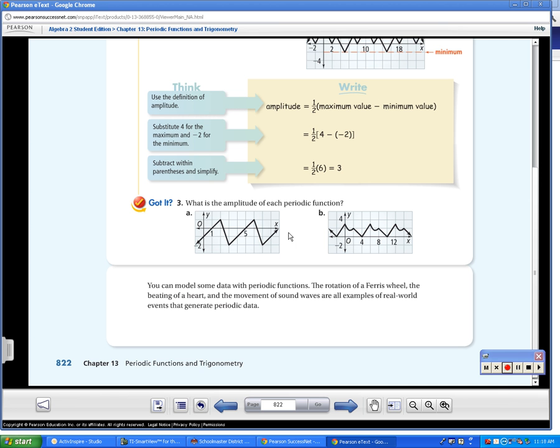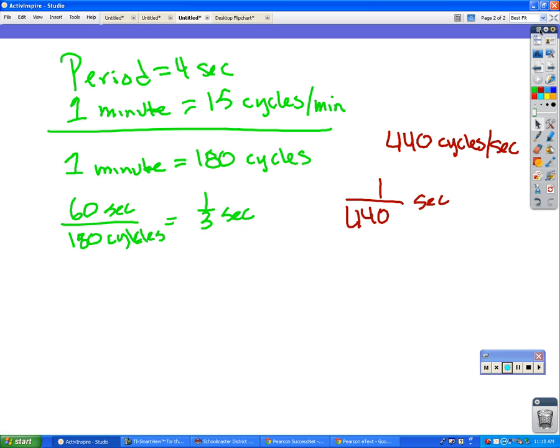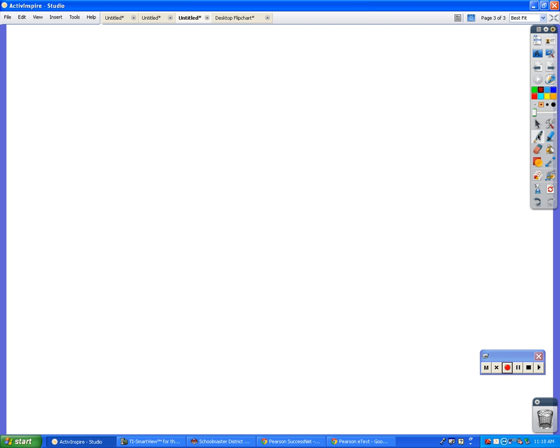What's the high point right here? 3. The low point is 0, so this one's also going to be 1.5. Yep, so both of those came out to be 1.5.